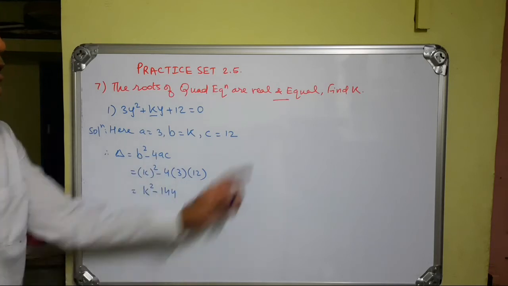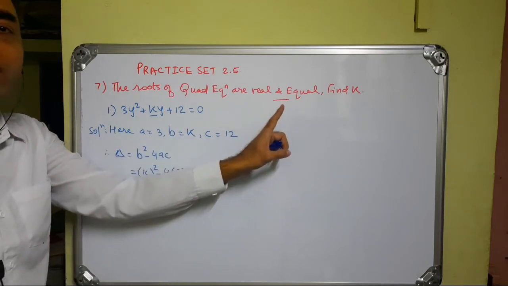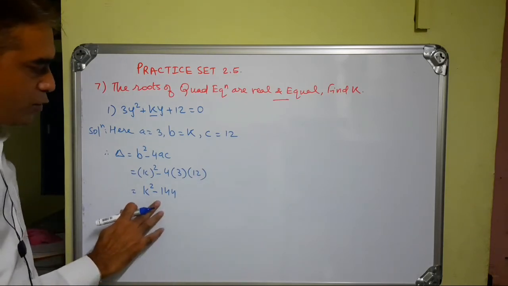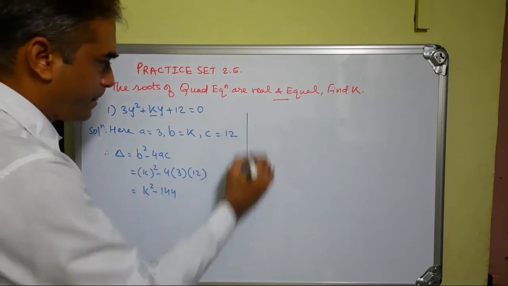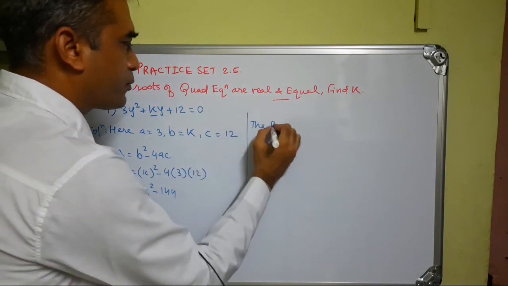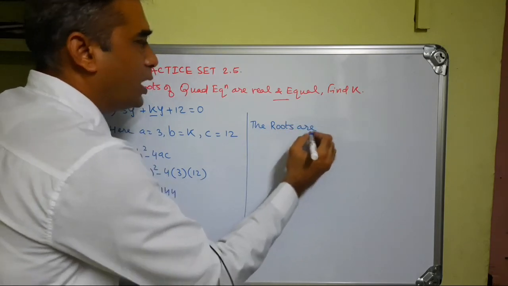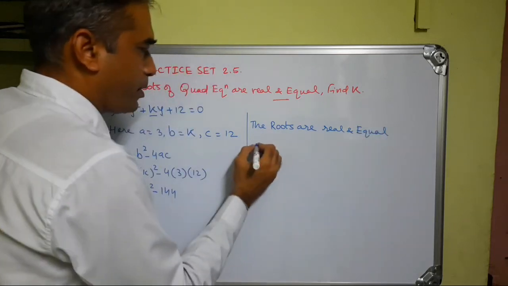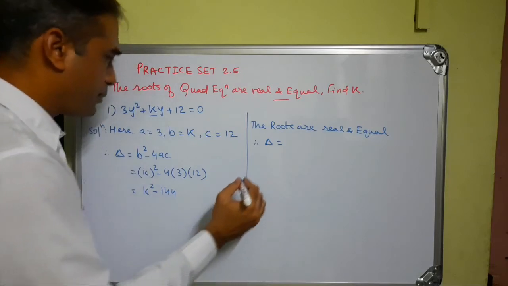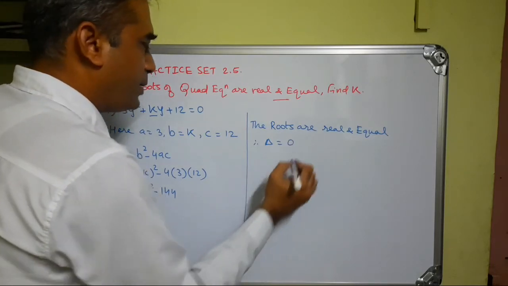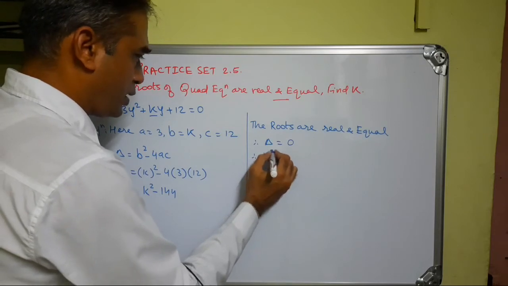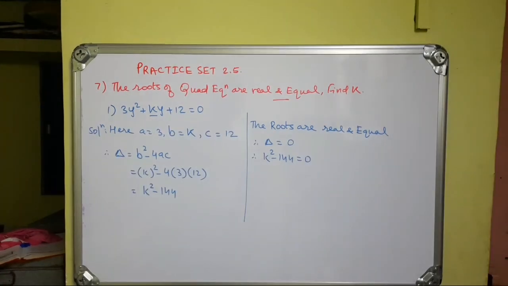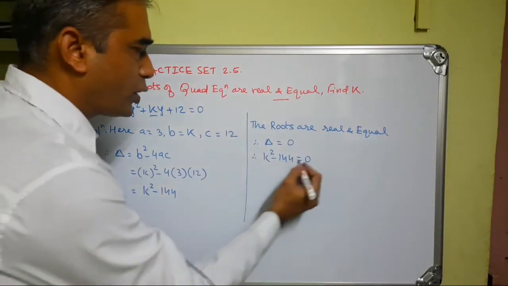But we know that the roots are real and equal, and they are equal when the value of discriminant is 0. So let's equate this value of discriminant to 0. The roots are real and equal. Therefore delta, that is b square minus 4ac, will be equal to 0. Therefore k square minus 144 equals to 0.